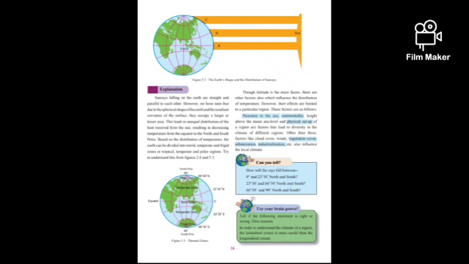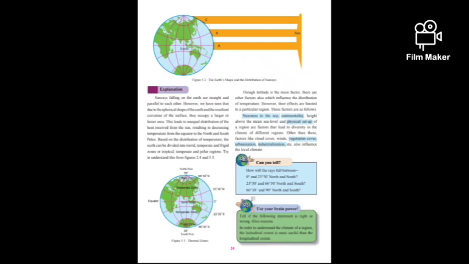You got the point, children? Yes. So in figure 5.2, A receives perpendicular rays, while the region marked B receives slant rays, and the region marked C receives extremely slanting rays.